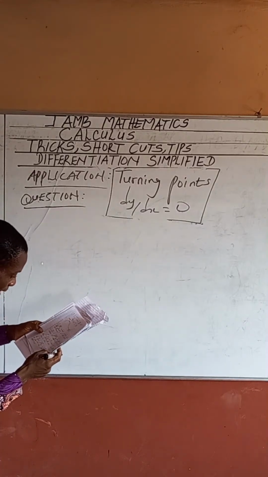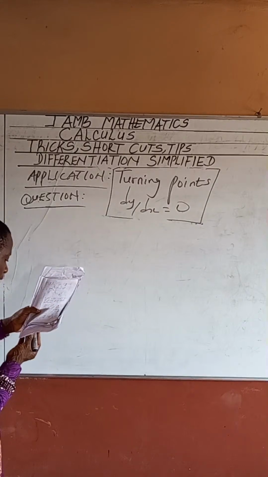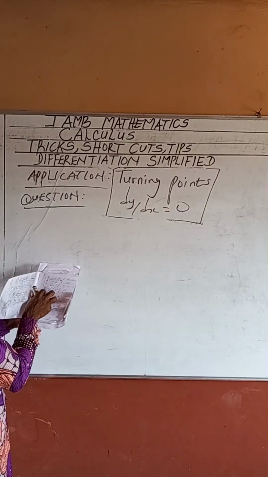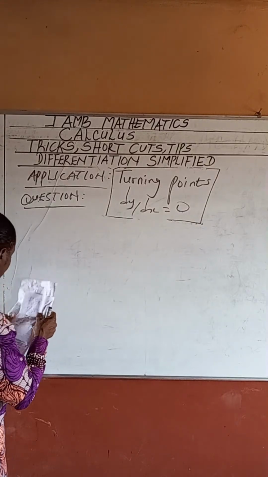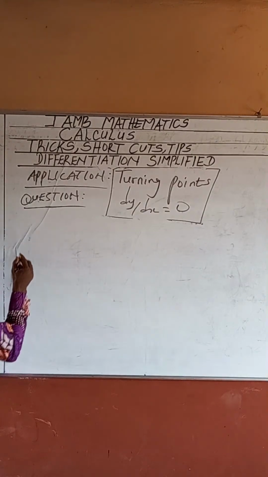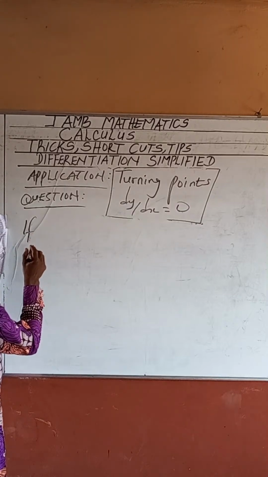So let's look at this. This is a typical JAMB pattern.